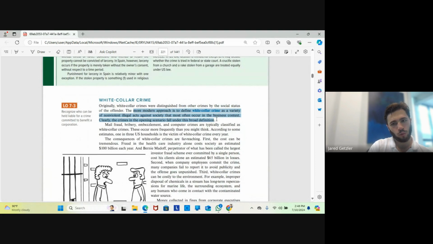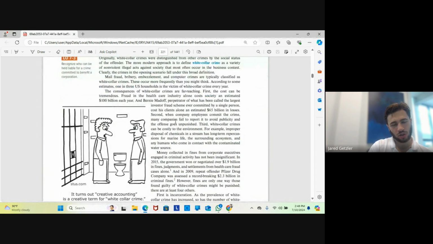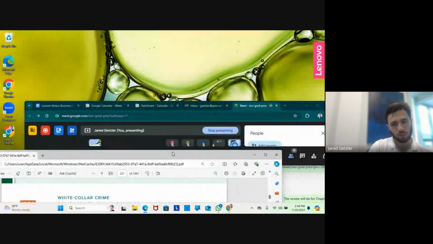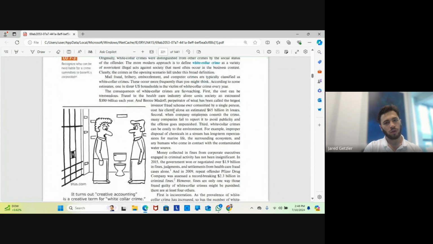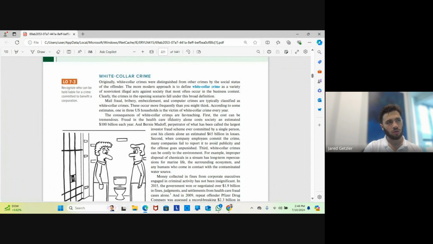So then we also have white collar crime. Have you guys ever watched the movie Wolf of Wall Street with Leonardo DiCaprio? That movie is a good depiction of what white collar crime is. For example, Stratton Oakmont with Jordan Belfort, what they did was what's called securities fraud. They would cold call people, say, hey, this stock is going to grow a lot.